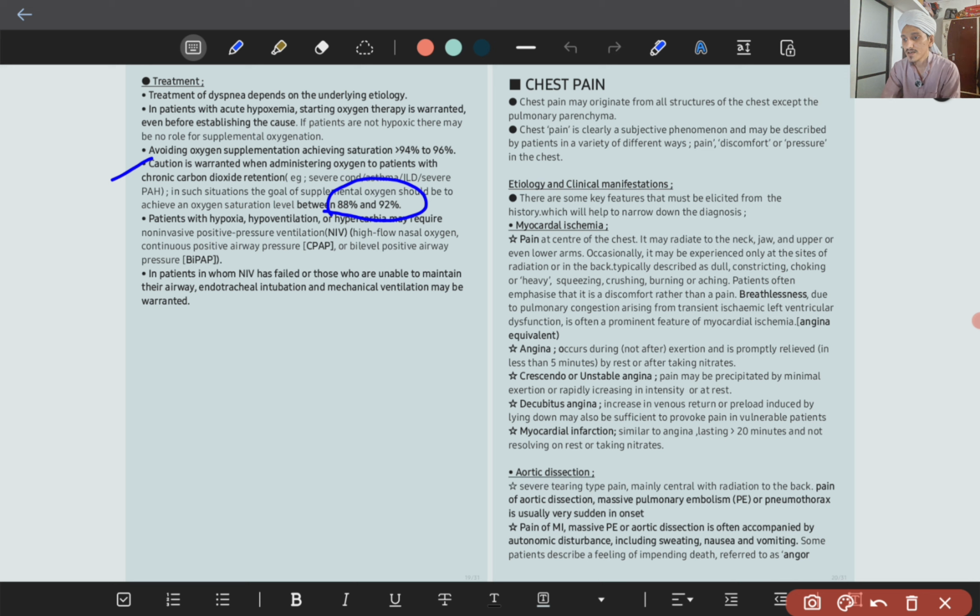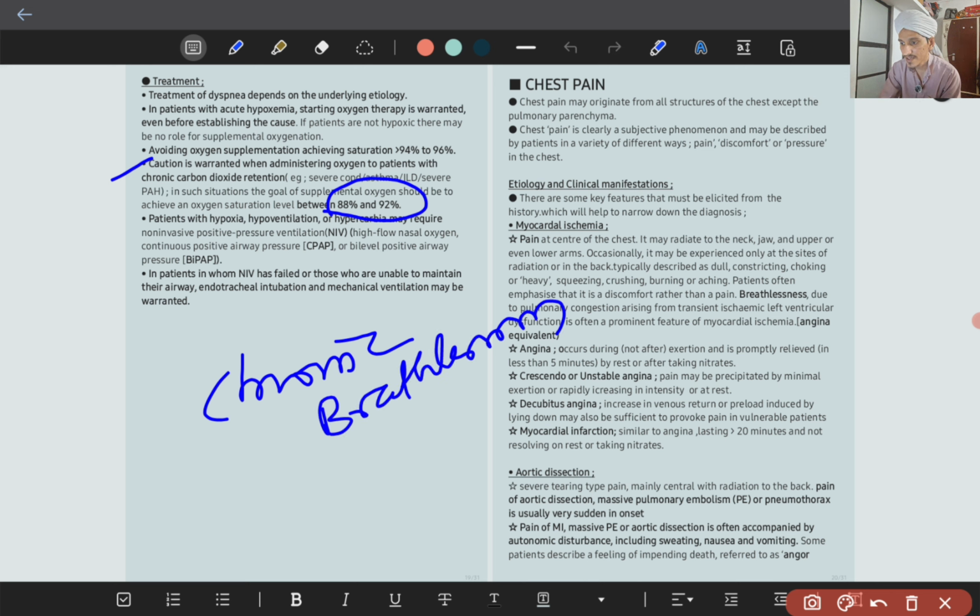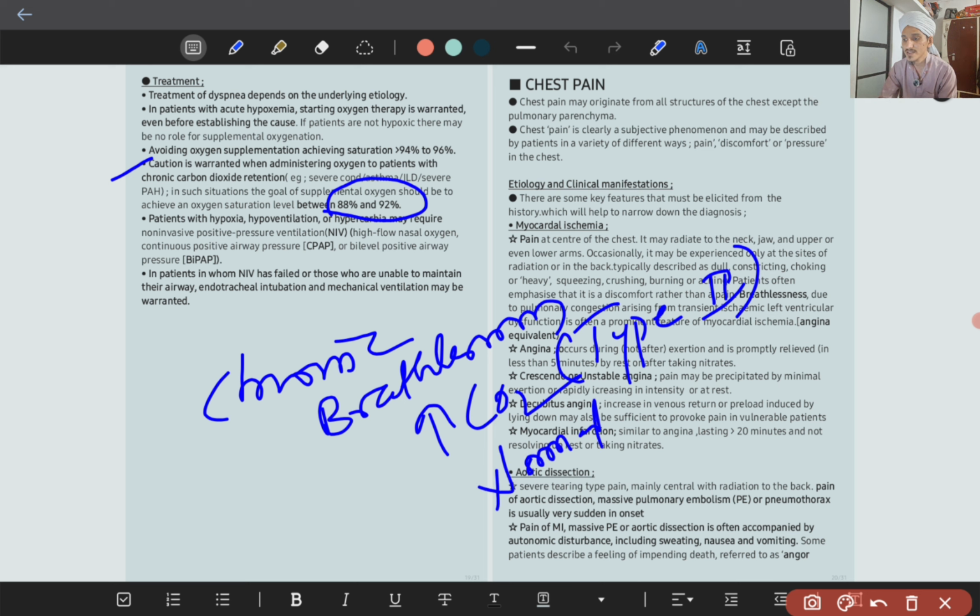Why? Because these patients with chronic breathlessness will have increased carbon dioxide, will be in type 2 respiratory failure for a long time. So the body is dependent upon a high level of carbon dioxide for a normal level of respiration. If you give more oxygen, the carbon dioxide level will come down.